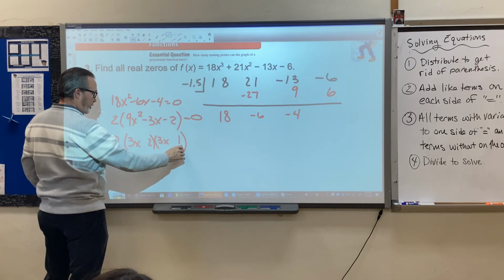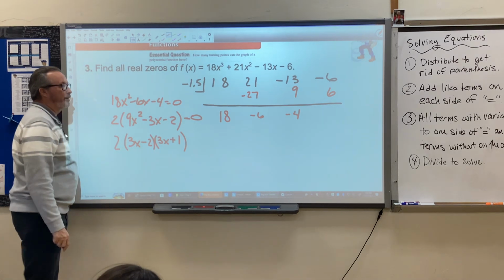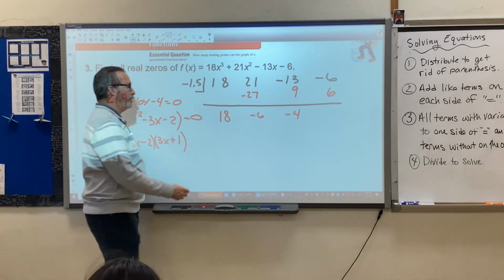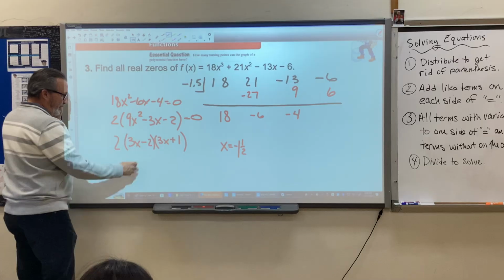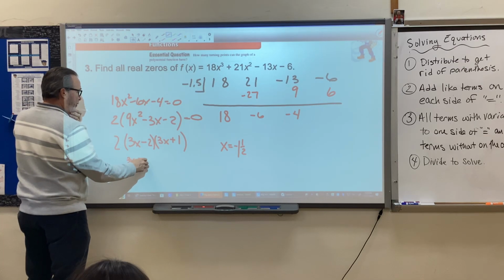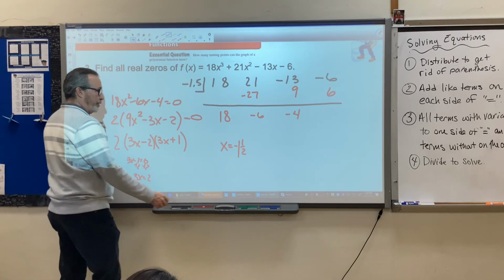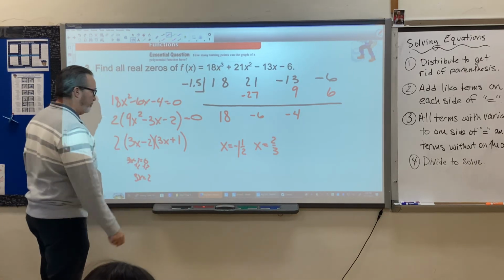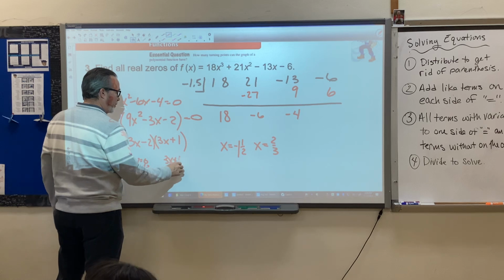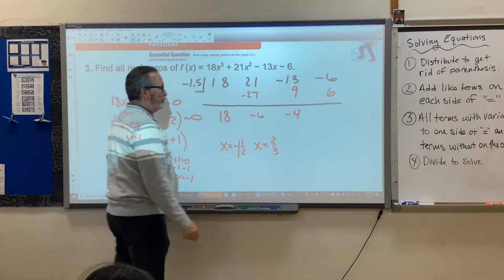Inside 6, outside is 3, so I have 6 to be negative. The zeros are -1.5, then 2/3, and the last zero is 1/3.